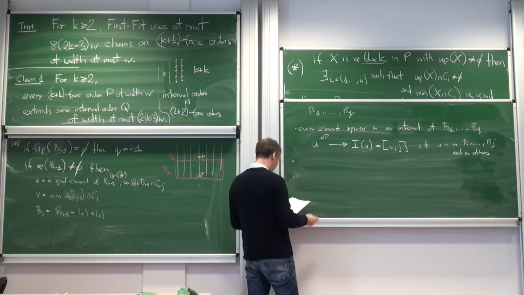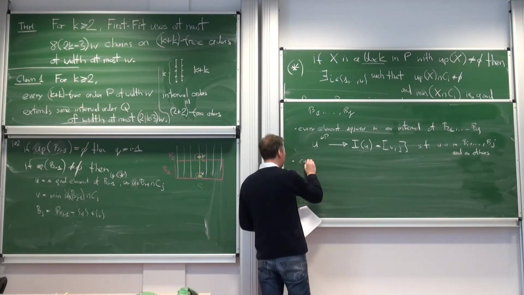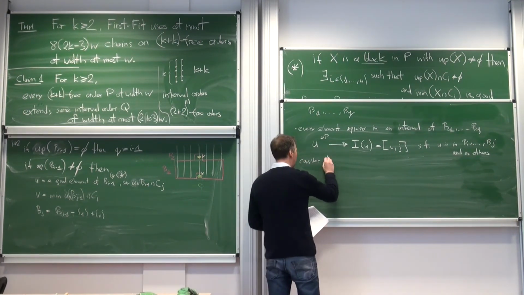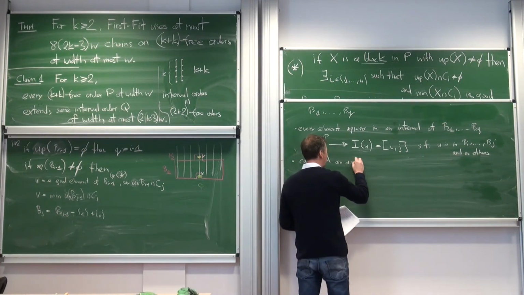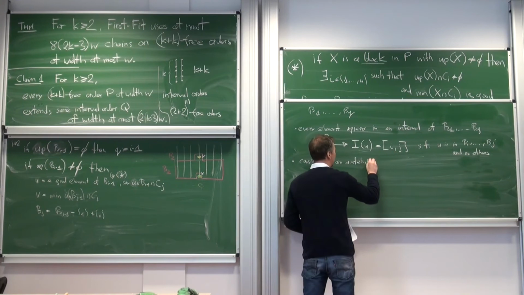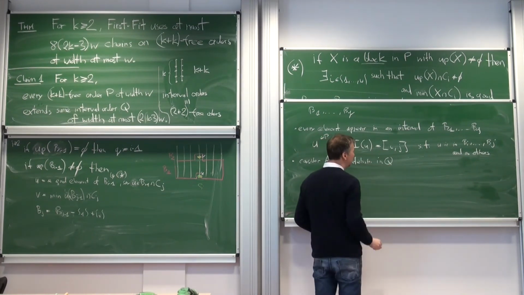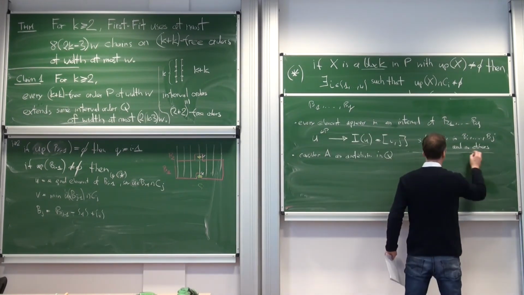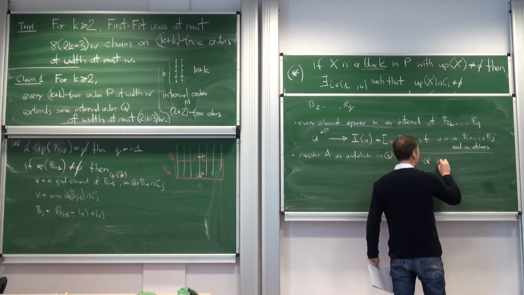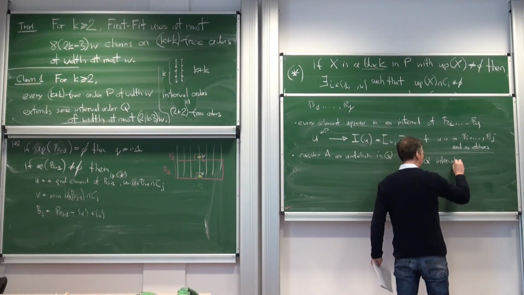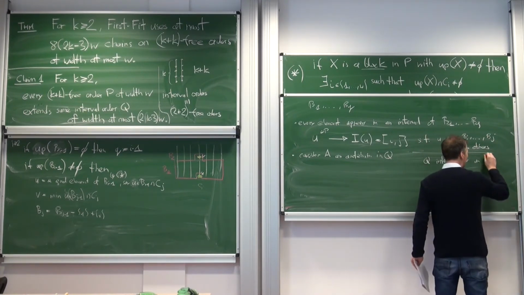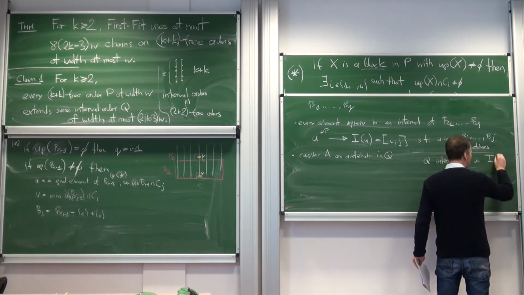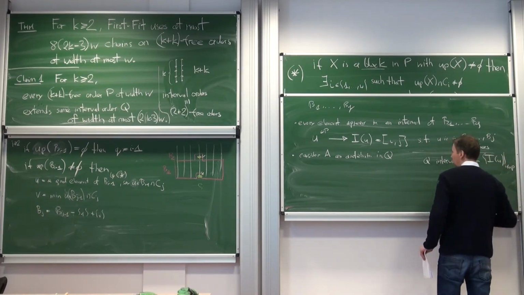So consider an antichain in Q. So Q is the interval order represented by these IUs, for U in P. Yeah.